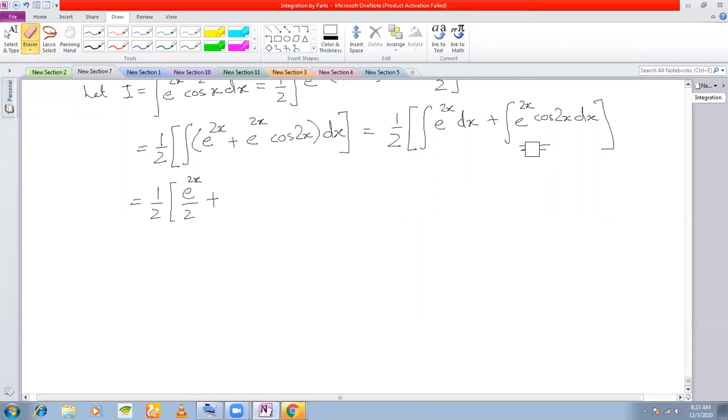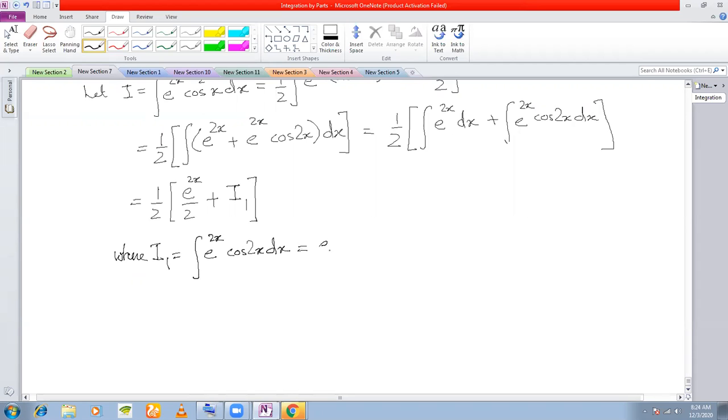You take e to the power of 2x as your first function. But instead of evaluating here, let us call it I1. We'll see how we can integrate I1. We'll integrate I1 separately, where I1 is equal to integral e to the power of 2x cos 2x dx.